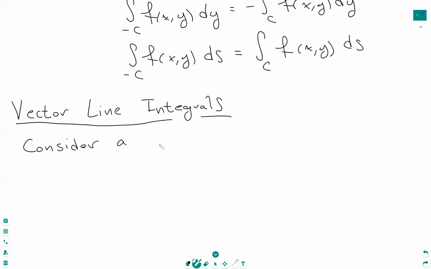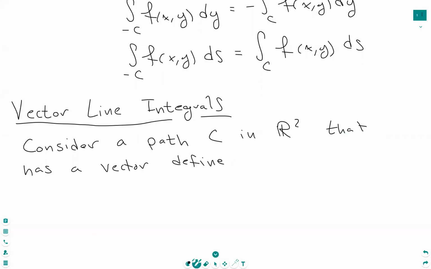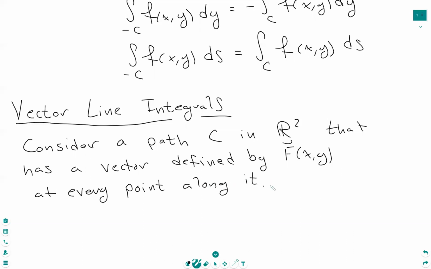So let's consider a path in R2 that has a vector defined by our vector field, capital F, of x and y at every point that goes along this line.